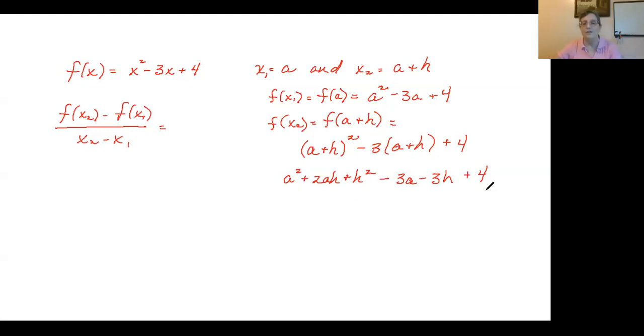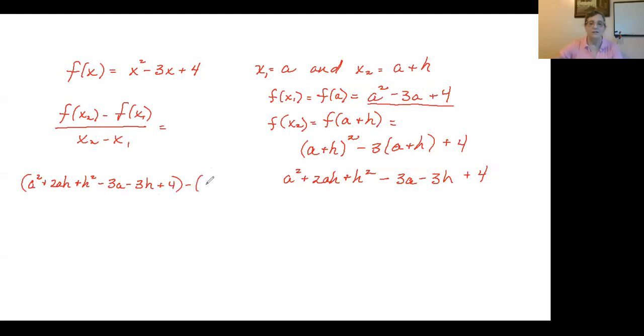And I don't have any like terms here I can combine. So this whole thing is f of x2. All right, a squared plus 2ah plus h squared minus 3a minus 3h plus 4. That whole thing is f of x2 minus f of x1, which was up here.